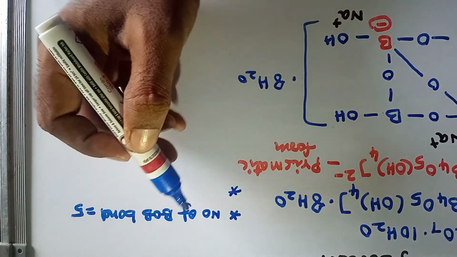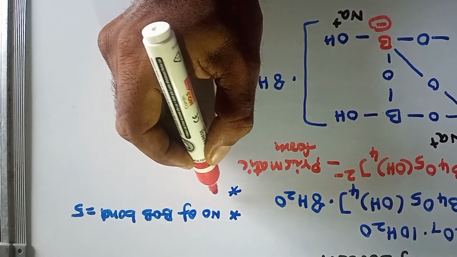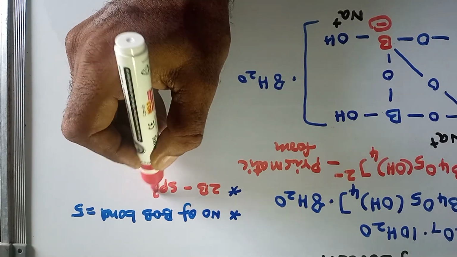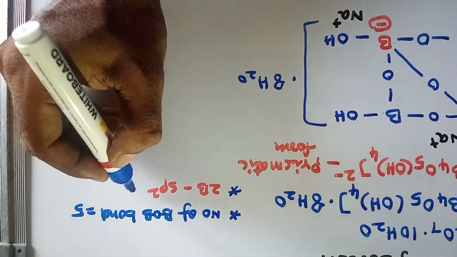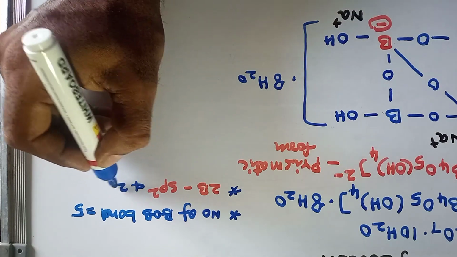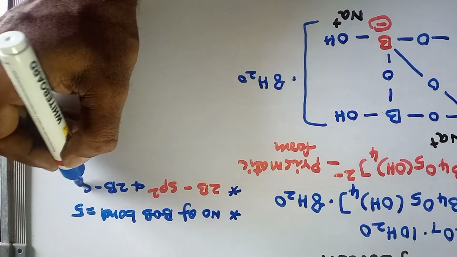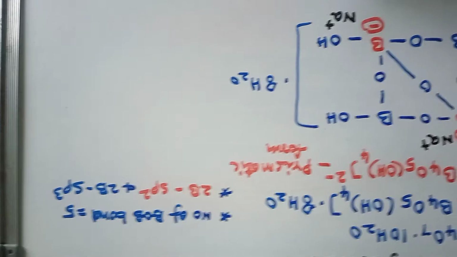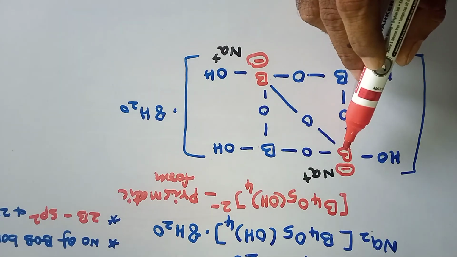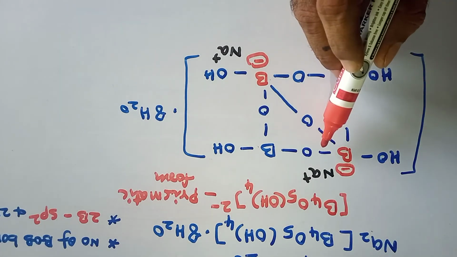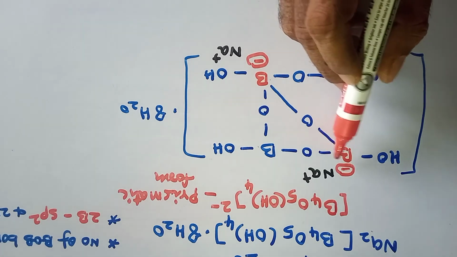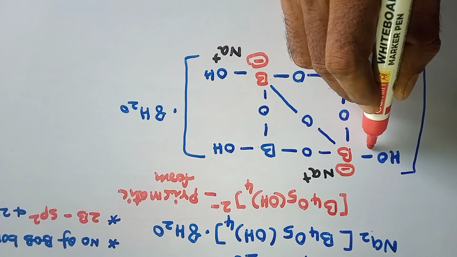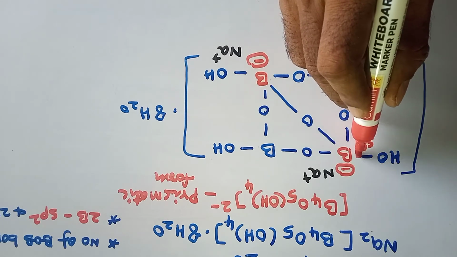Here in borax, 2 borons have sp2 hybridization and another 2 borons have sp3 hybridization. This boron has 4 sigma bonds, 1 2 3 4, so it has sp3 hybridization.